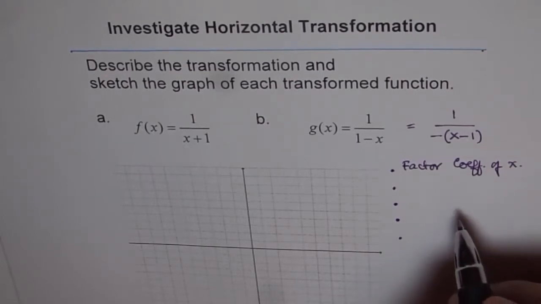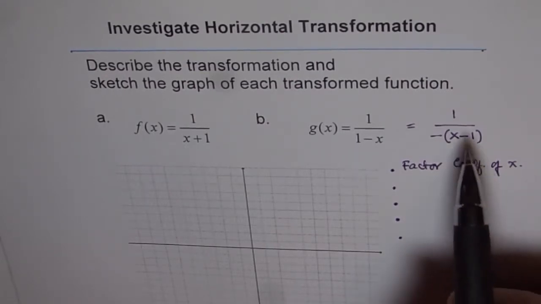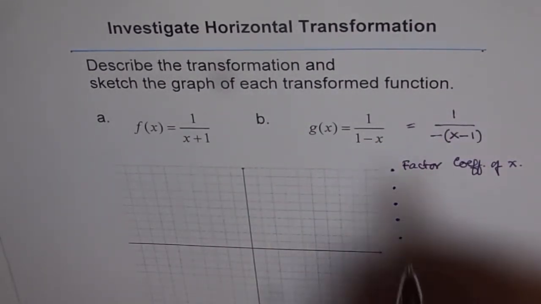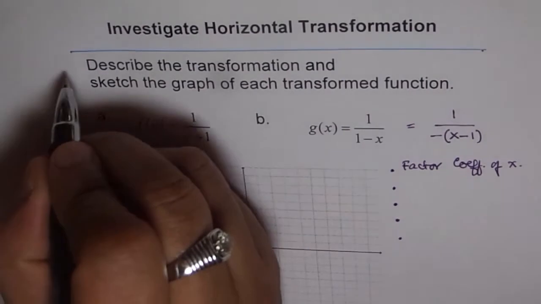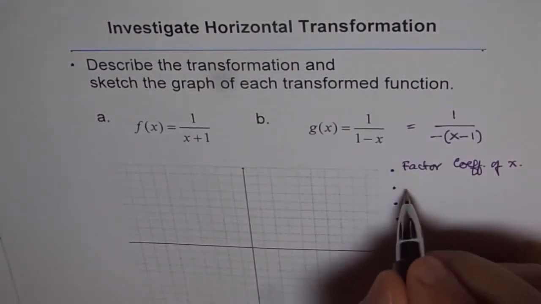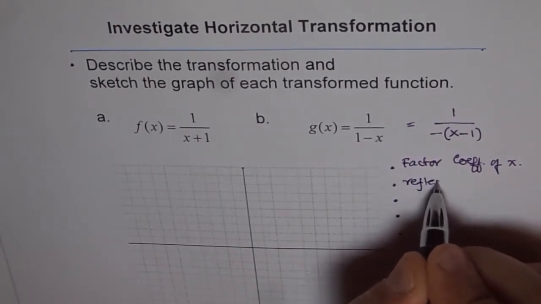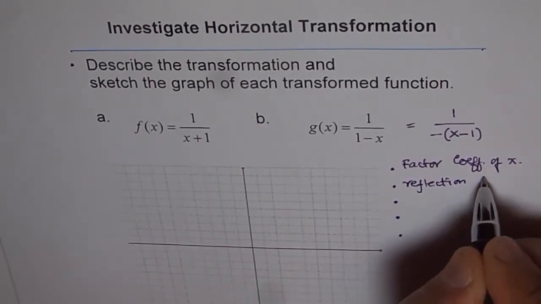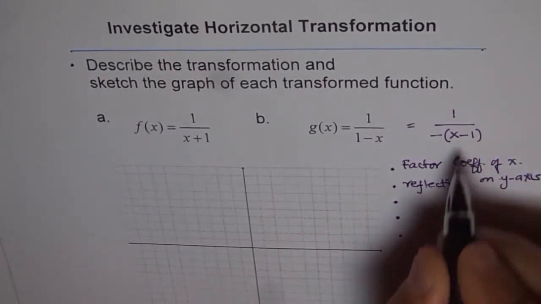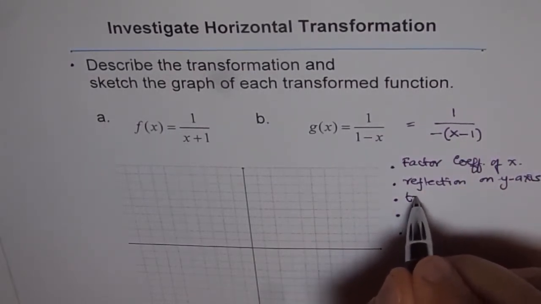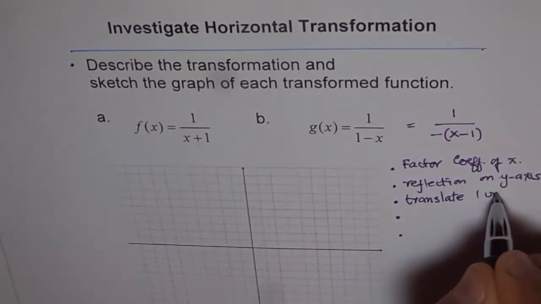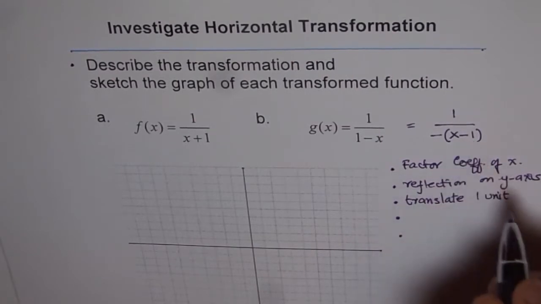Second, it's a good time to describe the transformation once we have it in factored form. So the transformation is, let's answer this question now. We write part A: reflection on the y-axis, and second, translate 1 unit right.